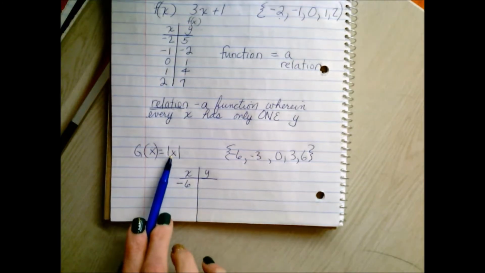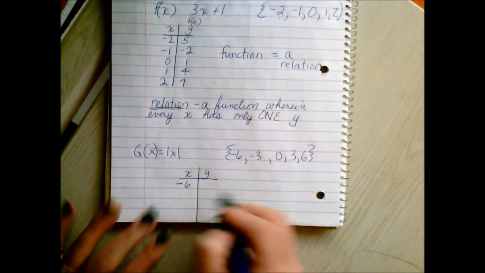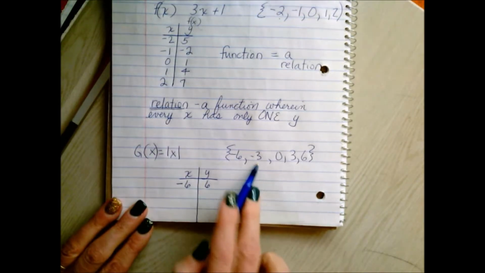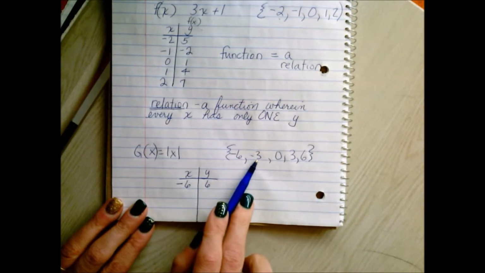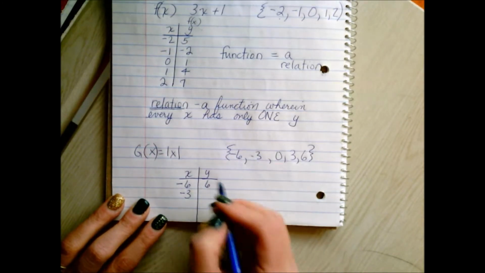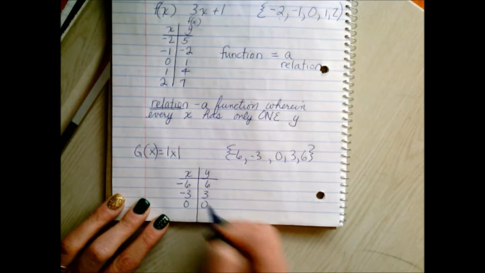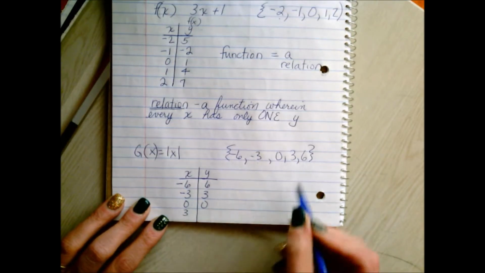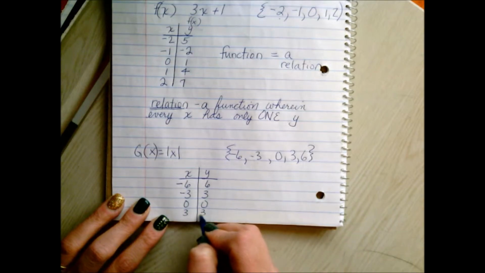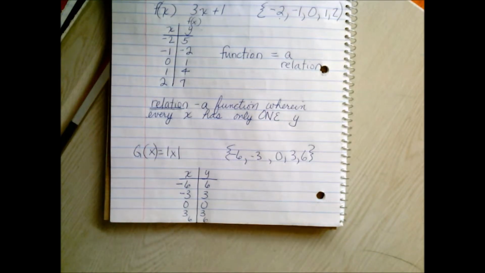So if x is -6, what is the output of -6? 6. And if you put in x as -3, the output is 3. You put in 0, the output is 0. You put in 3, the output is 3. You put in 6, the output is 6.